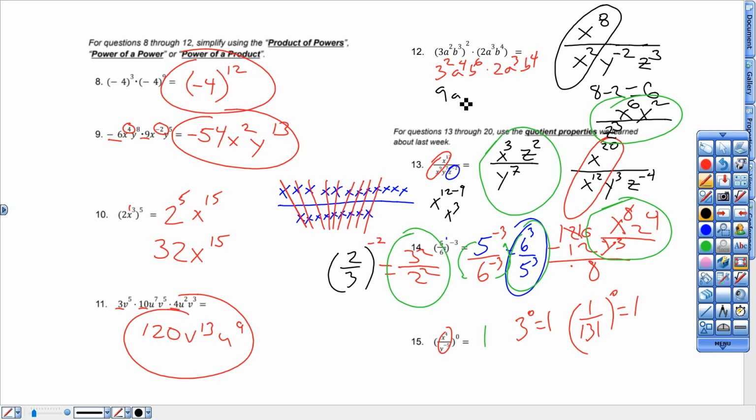Well, 3 times 3 is 9. I'm going to multiply that 9 and that 2 to get 18. A to the 7th. B to the 10th on that one right there.